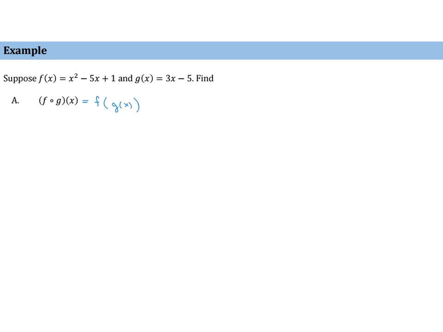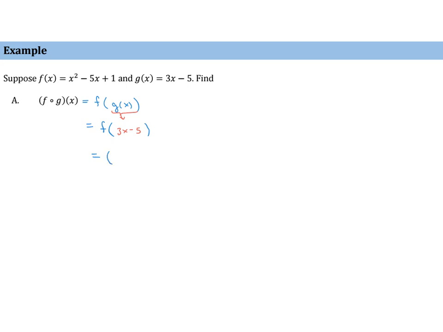But we're going to find g of x first. So we're going to have f of, now g applied to x is 3x minus 5. So all of this g of x is getting replaced with 3x minus 5. Now what does f say to do?